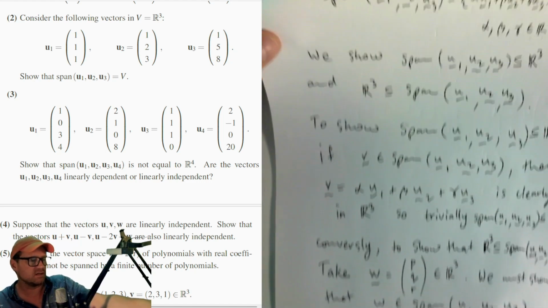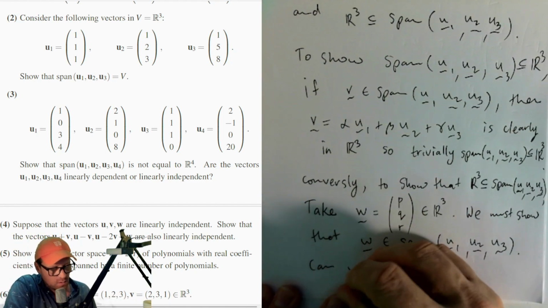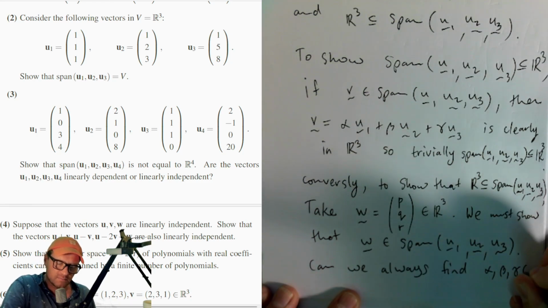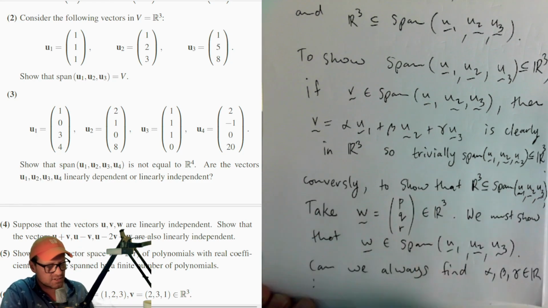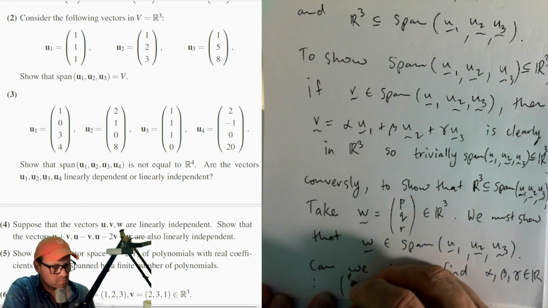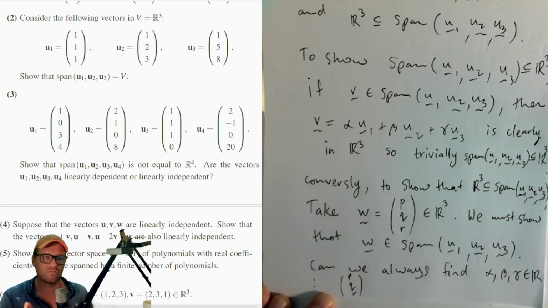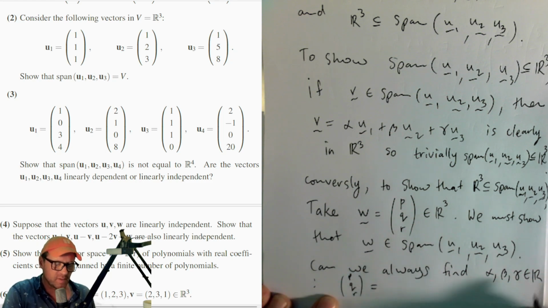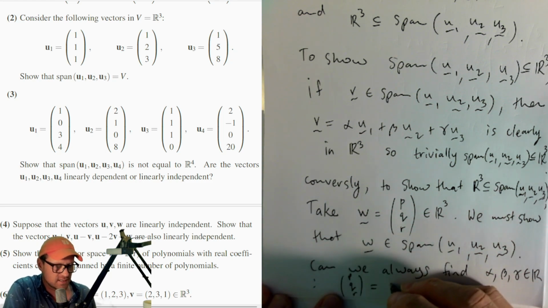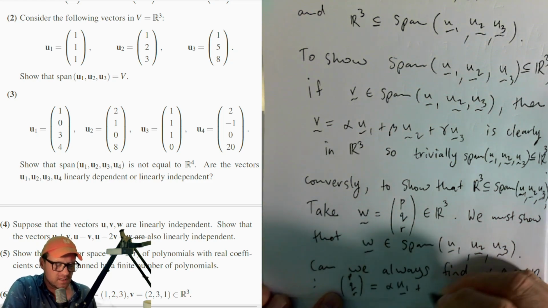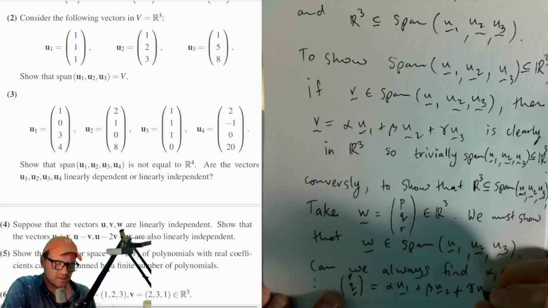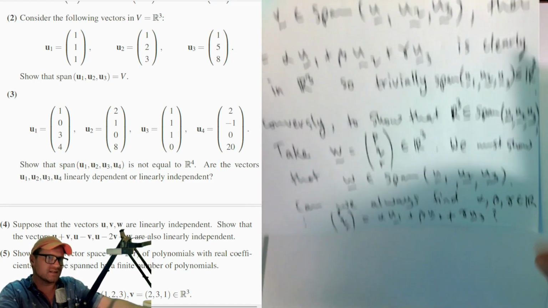In other words, let's rephrase this. Can we always find alpha, beta, gamma in the set of real numbers such that W, PQR, irrespective of what P, Q and R are, is alpha U1 plus beta U2 plus gamma U3? Okay, let's rephrase this again.